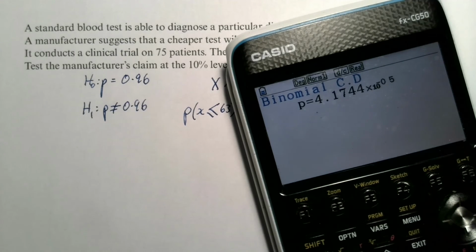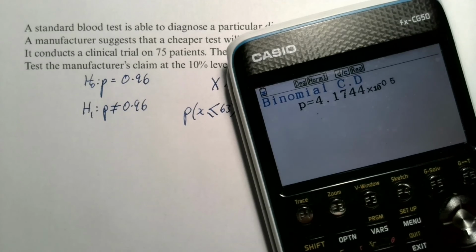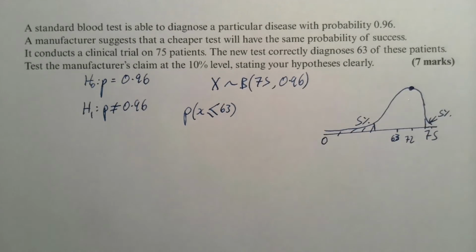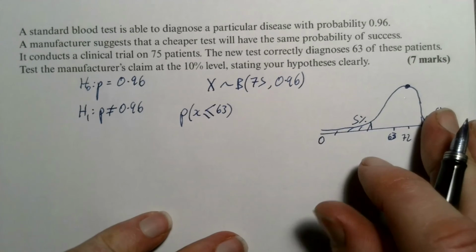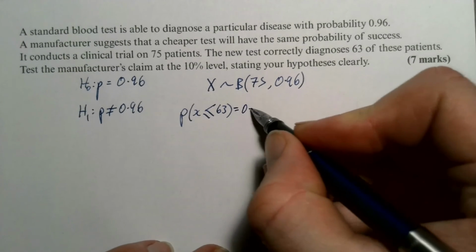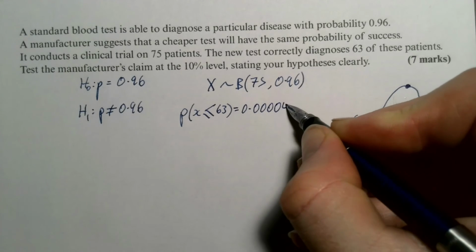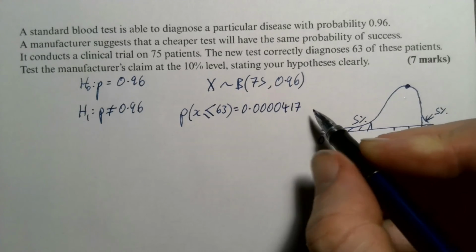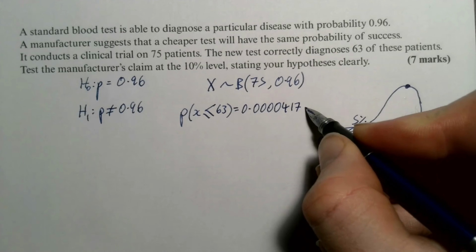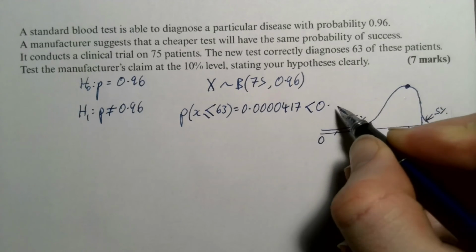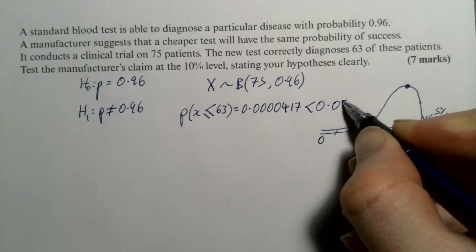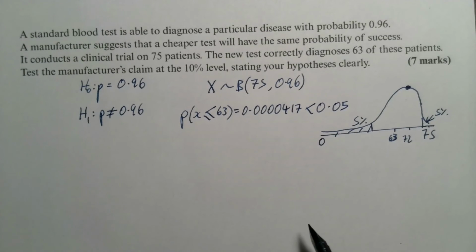And whoa, that's a tiny number, isn't it? 4.1744 times 10 to the negative 5. So that is actually equal to 0.000417, which is clearly less than 0.05, which would be the 5%.